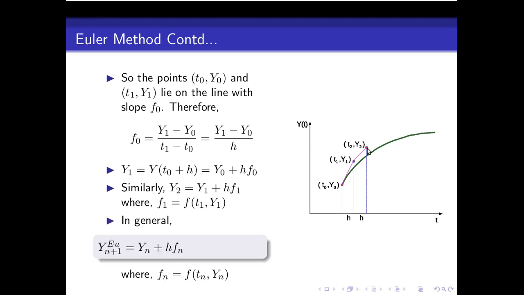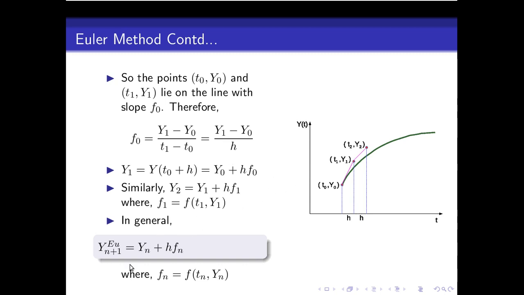So in general, the solution of the Euler method can be written as follows. If you know the point tn, yn, then according to the Euler method, y(n+1) will be yn plus h times fn.